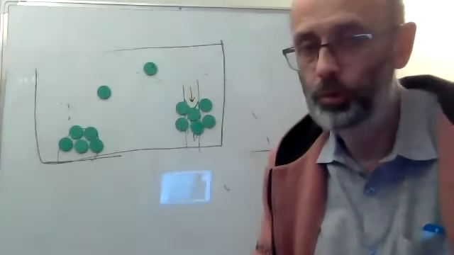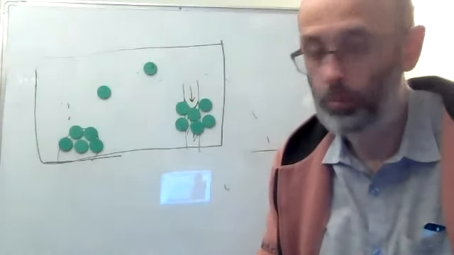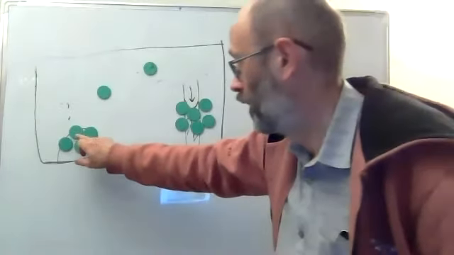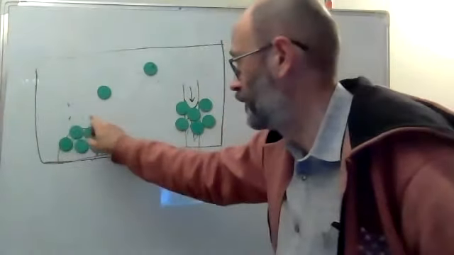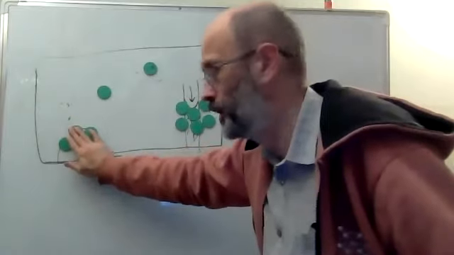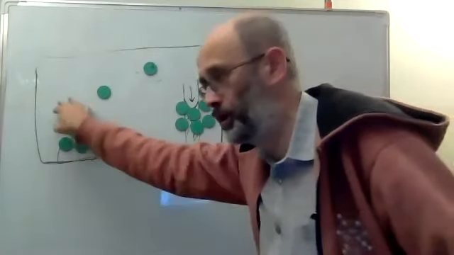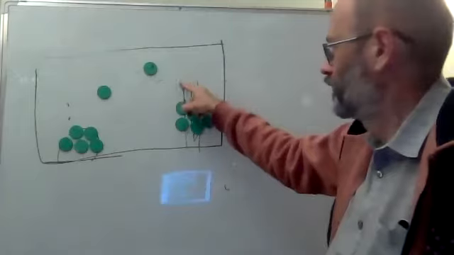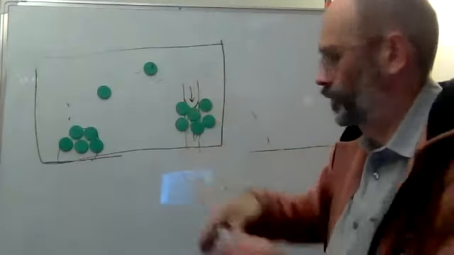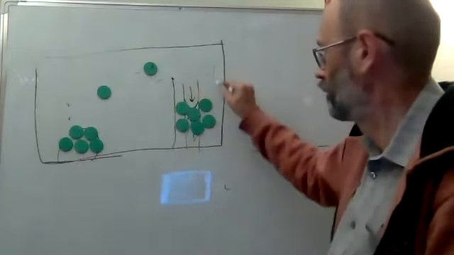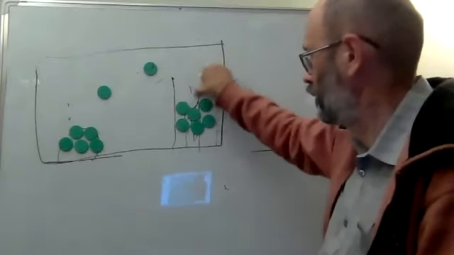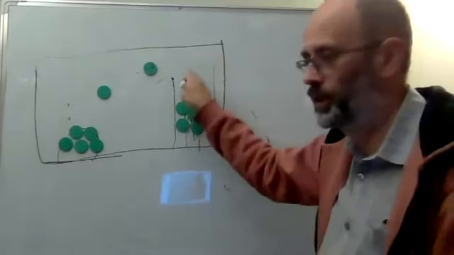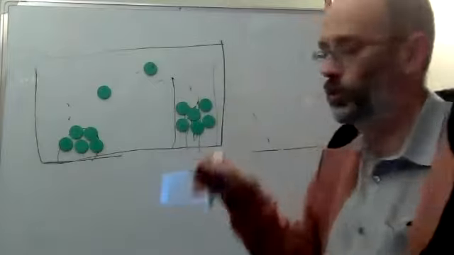But is it a true equilibrium? No, because the local pressure above these droplets is somewhat bigger because these molecules are more likely to escape. The local pressure above this surface is smaller because these molecules are less likely to escape and more likely to come back.